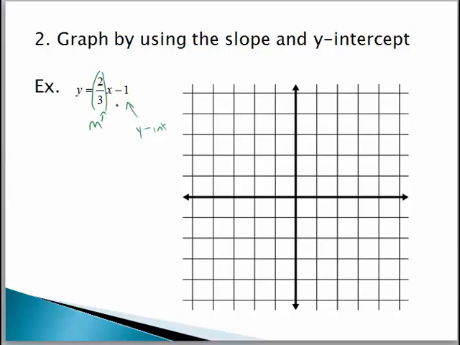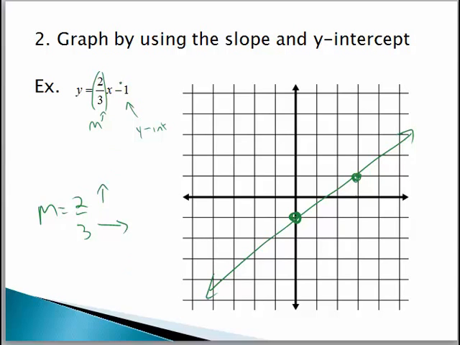These ones are maybe easier to graph. You just identify the y-intercept, which is right here at negative 1, and you see that the slope is 2/3. So you're going to go over 3 and up 2 from that point. Over 3, up 2, and there's another point, and there's your line.